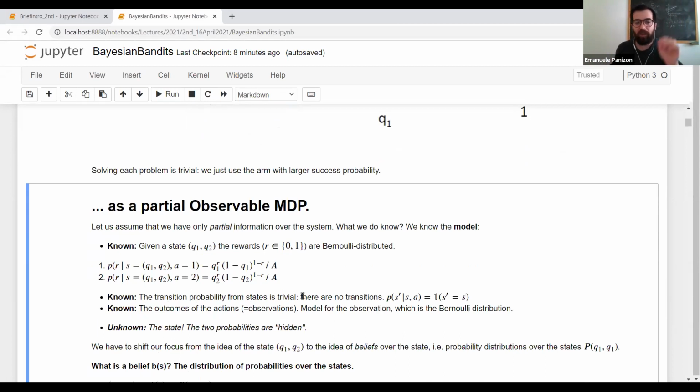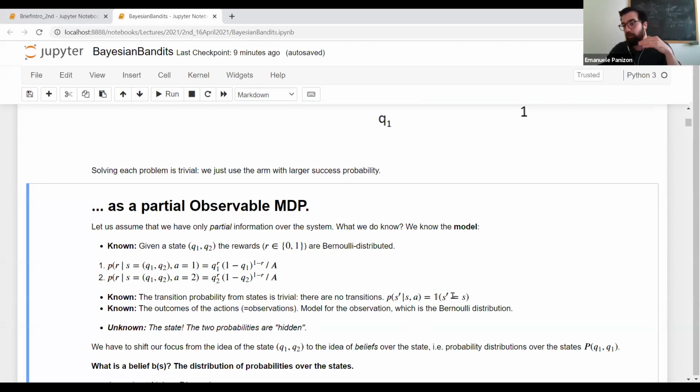Then another thing which is known, which Antonio also pointed out briefly before, is that there are no transitions. So whatever I do, whatever coin I decide to flip, the state will not change. This turns out to be this condition here: the probability of transition from one state to another state is 0 if the two states are different.